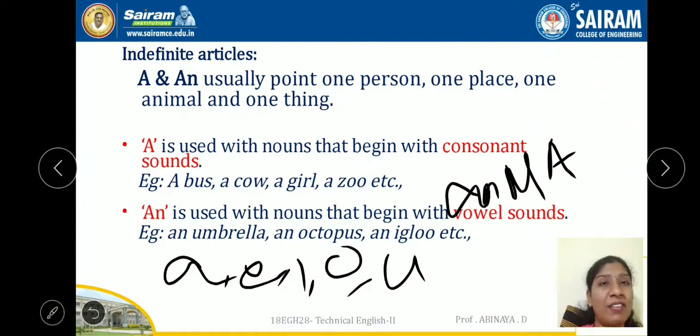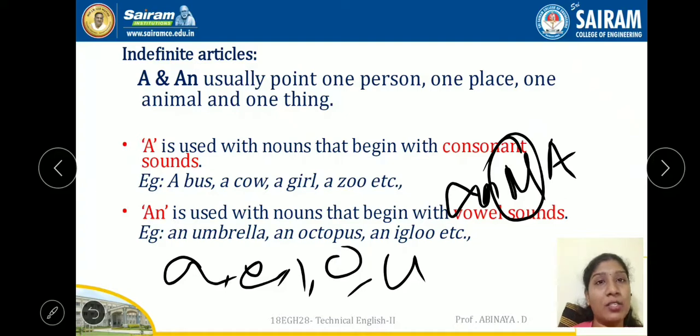Why do we use an before it? I told you an should come before a word that starts with a vowel sound. MA starts with a vowel sound, "em-ay". So, I am an MA graduate, not a MA graduate.